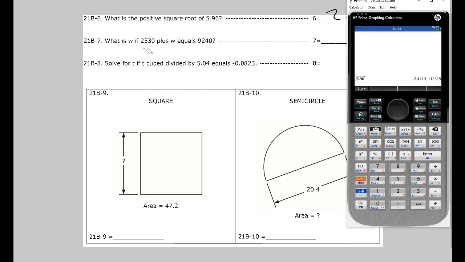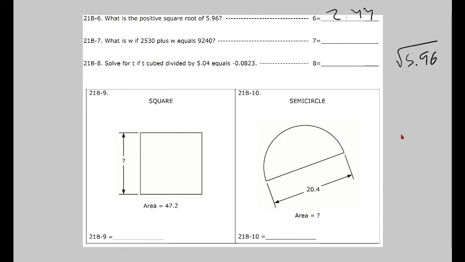However, you could also see that this is a pretty simple algebra question, and you could just do 9240 minus 2530, and that would also be 6710. So in both cases, our answer is 6,710.